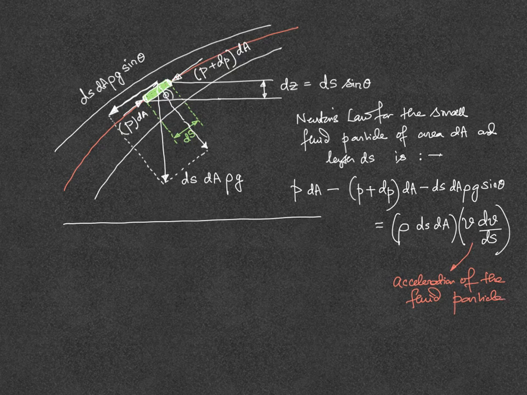Now let's rearrange the terms. P dA minus P plus dP times dA, so let's cancel all the dAs, right?